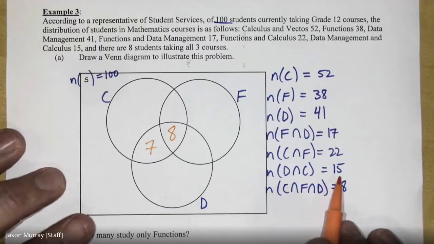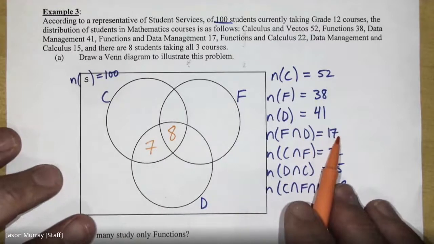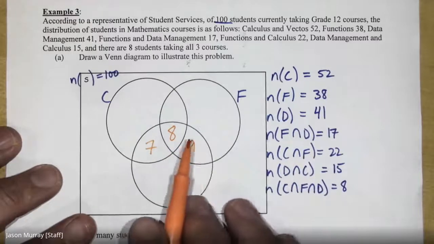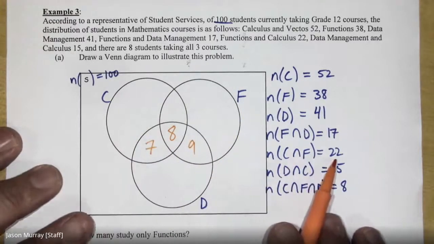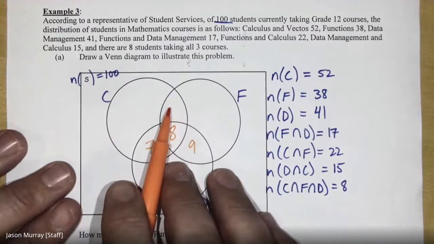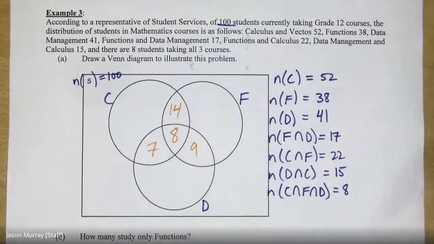Gavin, perfect. Let's go on. Functions and data, that was 17, so 17 minus 8 is 9. And calculus and functions was 22. 22 minus 8 is 14, I believe. Is that good?